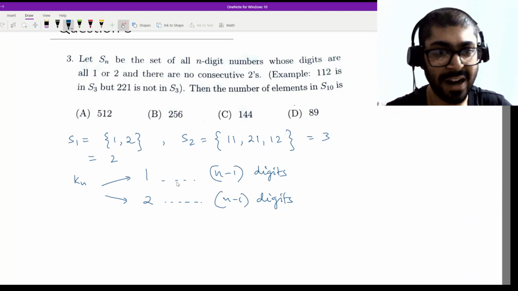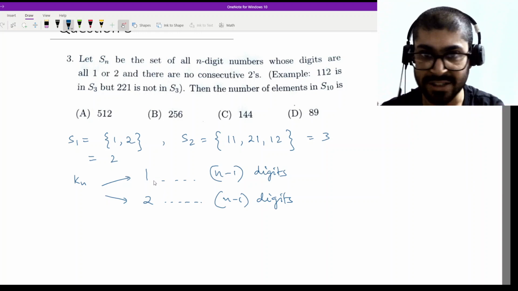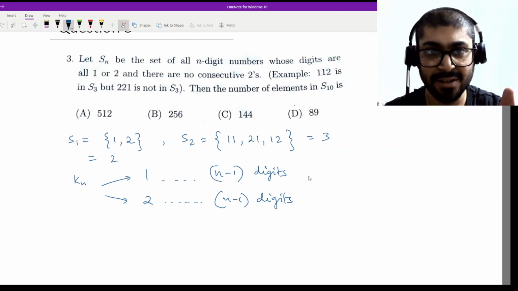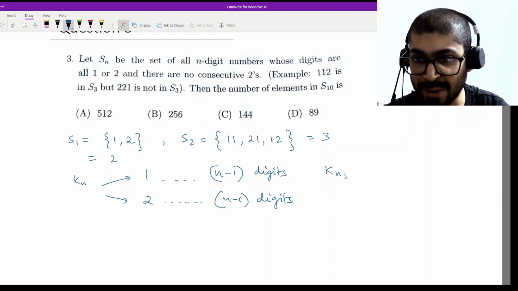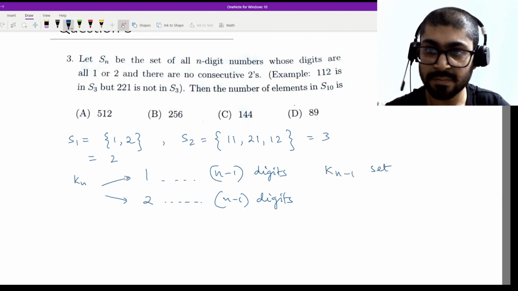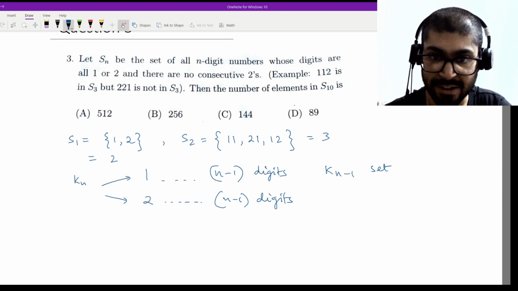When Kn starts with 1, what about the other digits? The other digits will be arranged similar to the construction in the K of n minus 1 set. That is fixed for us because we cannot change that.